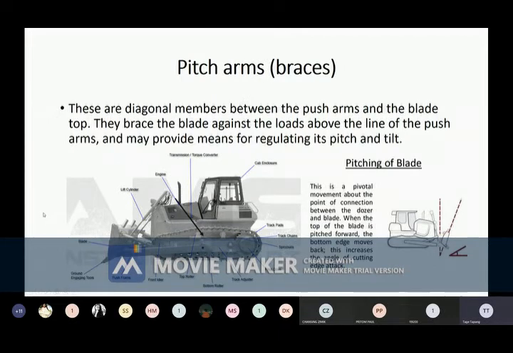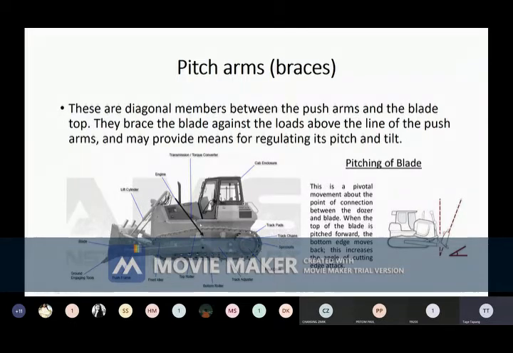Now this is an important part, the pitch arm. It is important because it's used for adjusting. Here you see these are diagonal members between the push arm and the blade top. They brace the blade against the loads above the line of push arms and may provide means for regulating its pitch and tilt.